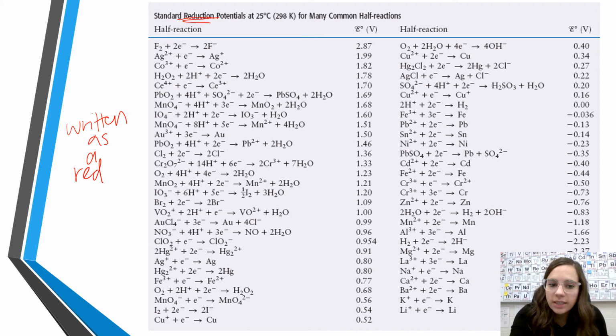So if you notice, our hydrogen electrode, remember that was our 0. So anything above that has a higher voltage, has a higher reduction potential than hydrogen. Anything below it has a lower reduction potential than hydrogen. So you'll see that that's why after hydrogen they become negative.